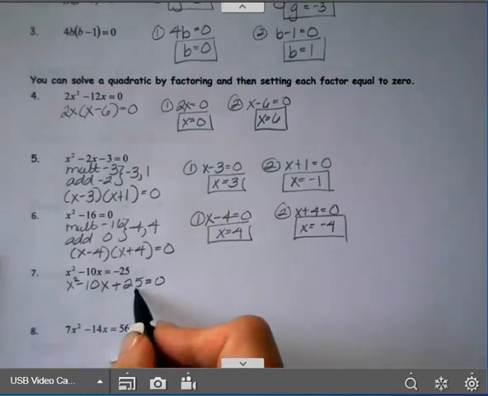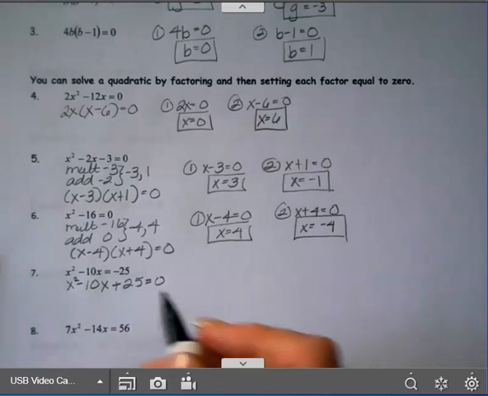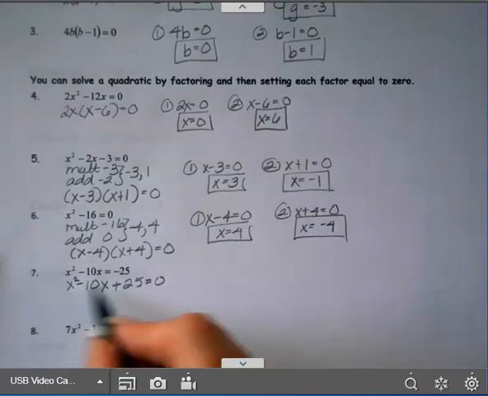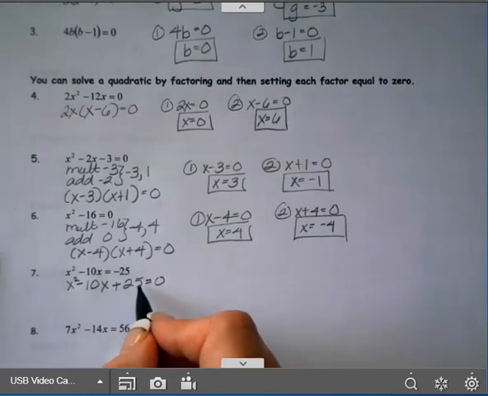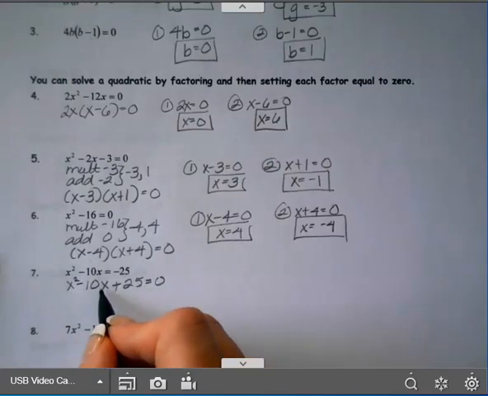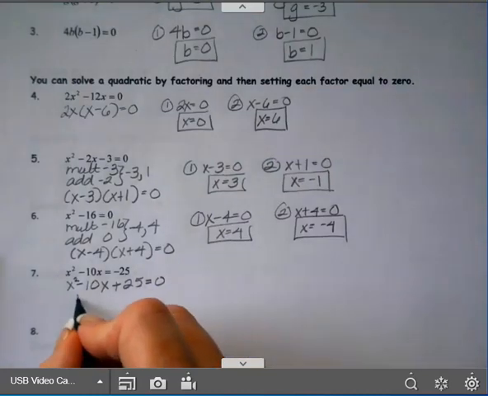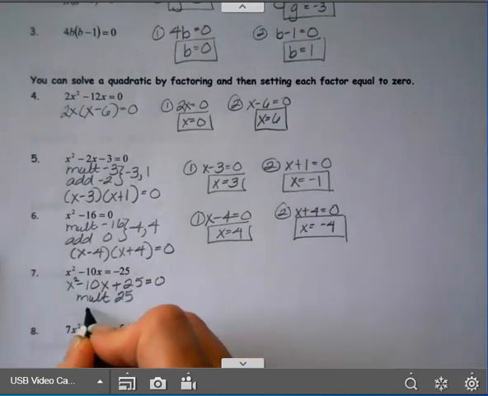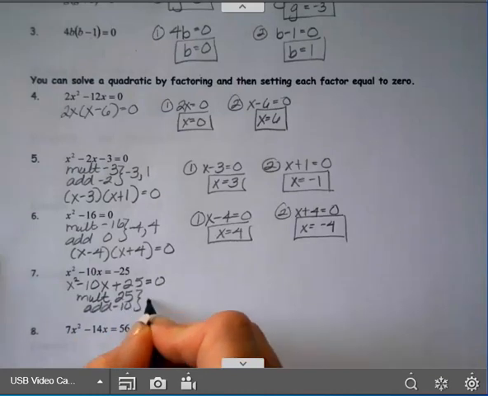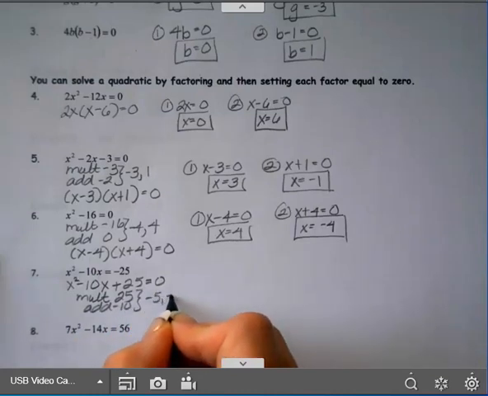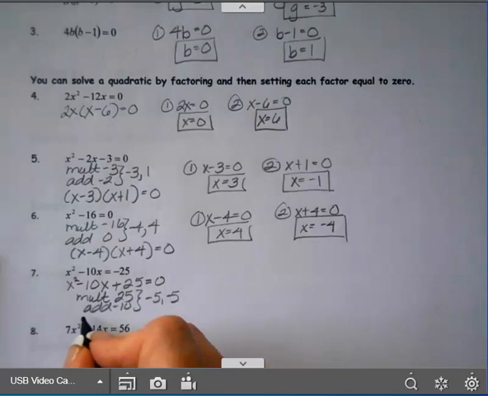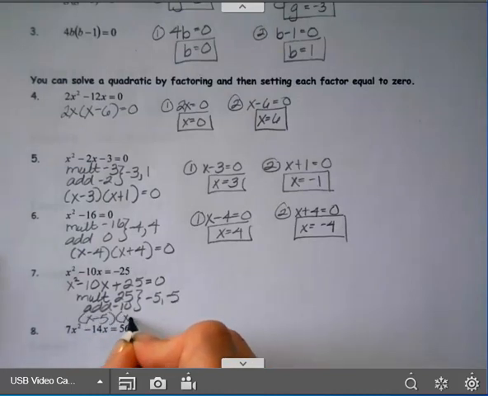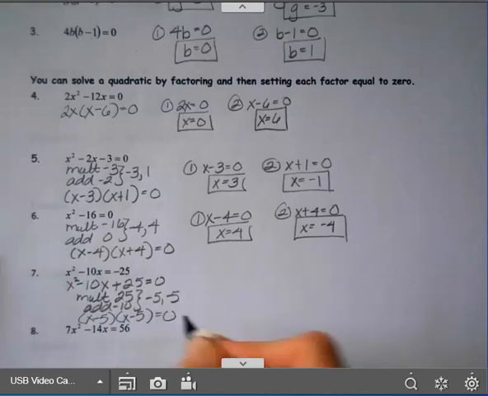There is not a greatest common factor, but the leading coefficient is 1, and there are numbers that multiply to 25 and add to -10. So my numbers are -5 and -5 in this case. So this will factor into x minus 5, x minus 5, and that's equal to 0.